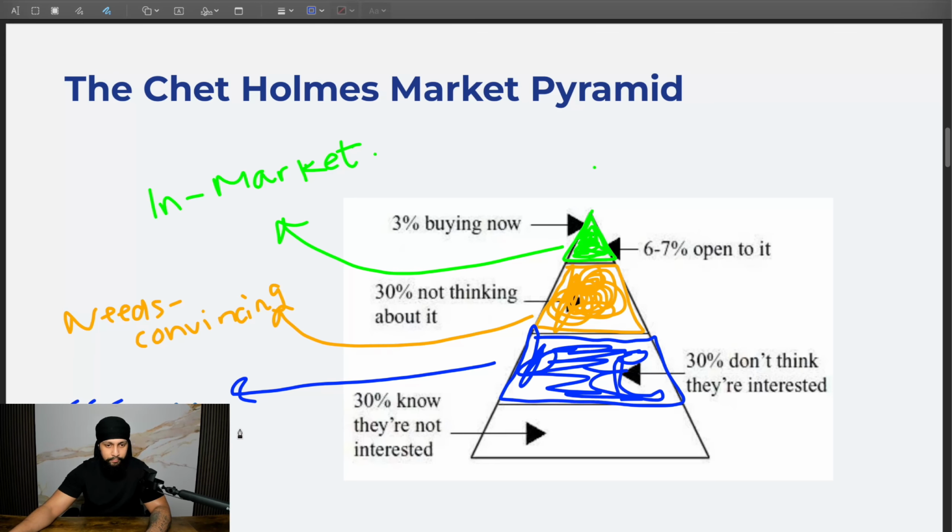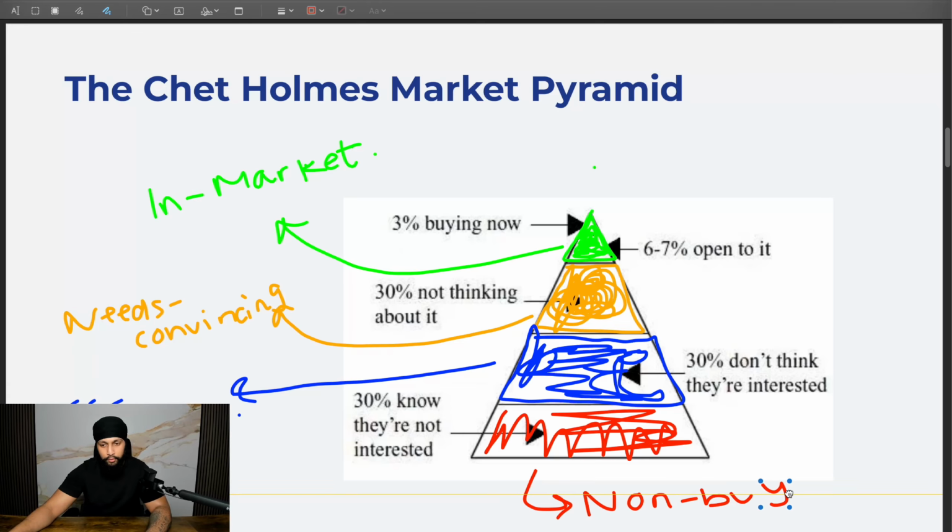Okay, now the thing is, there is one more group underneath this, okay? This red group here. However, the problem with this red group is that these people are non-buyers, okay? Meaning that these people are never going to buy from you, okay?